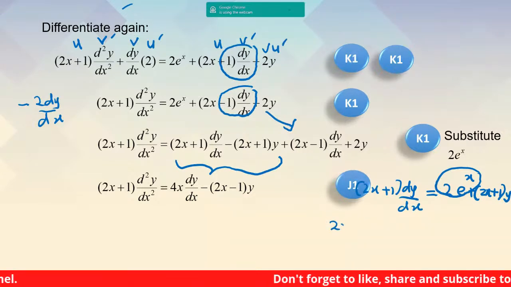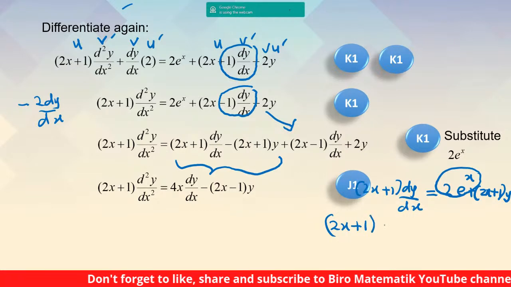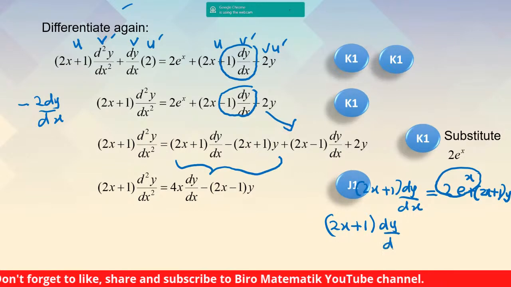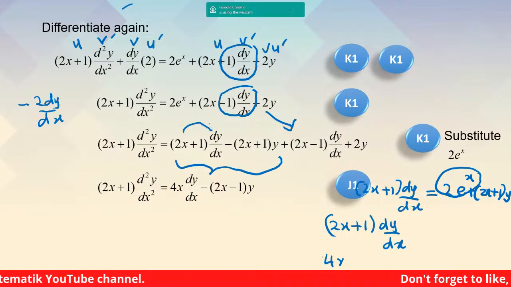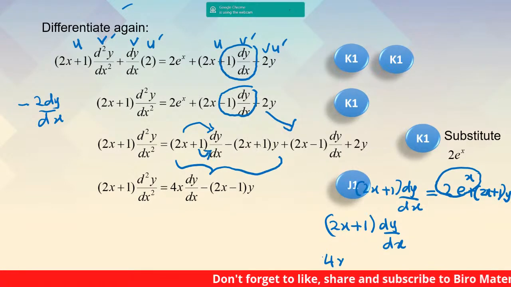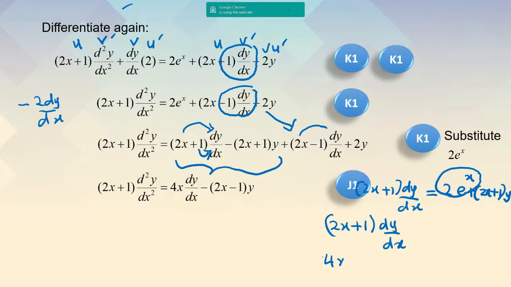Okay, 2x plus 1 times dy over dx, so we will get 2x dy over dx plus dy over dx. This one 2x dy over dx and then minus dy over dx. So dy over dx minus dy over dx we will get 0, then 2x plus 2x we will get 4x.